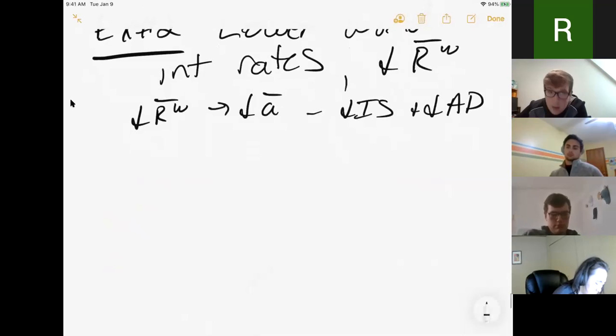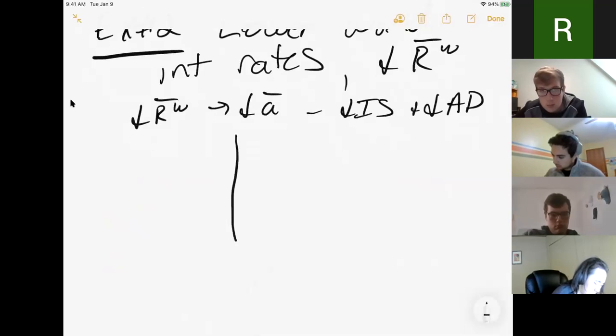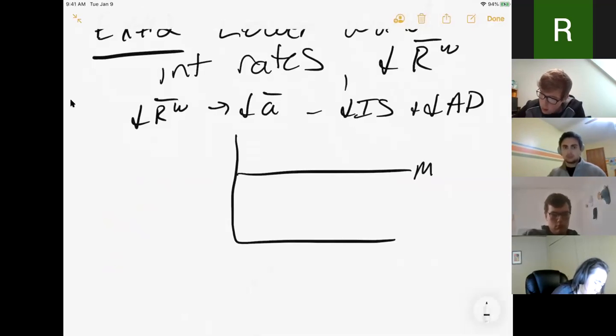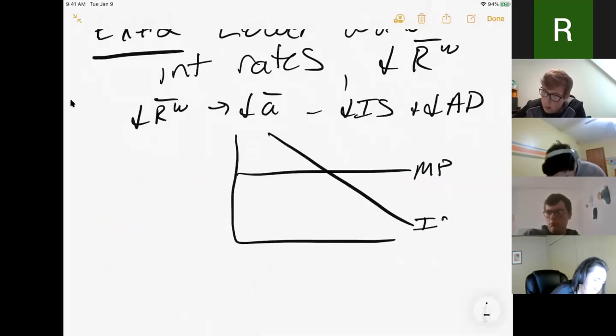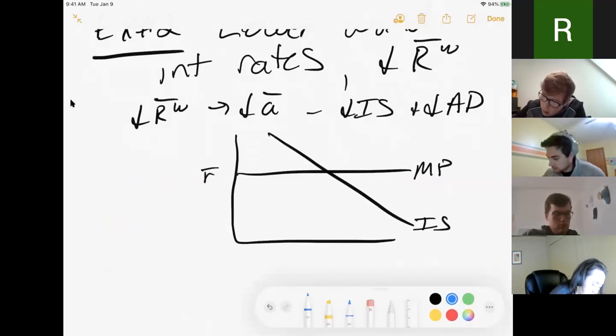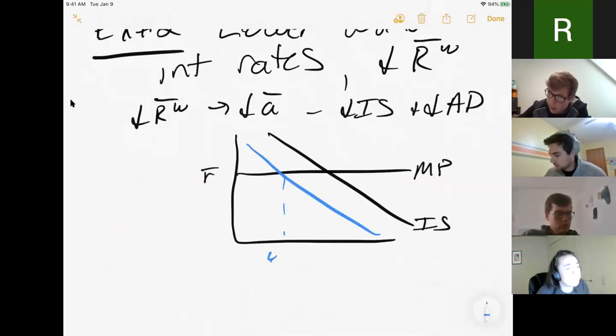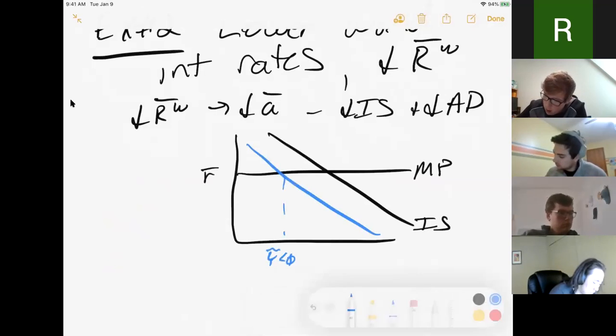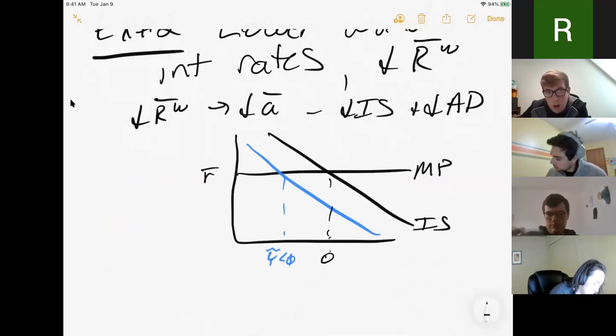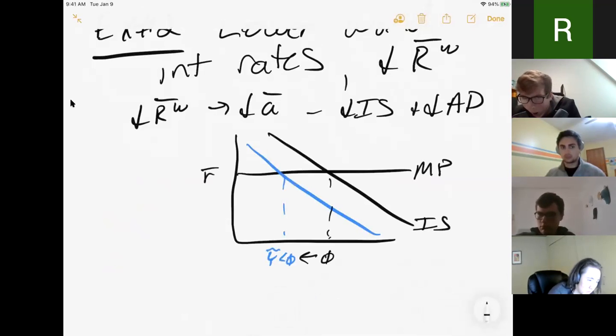Aggregate demand goes down, our IS curve goes down. So this is a very typical aggregate demand shock, an IS shock. The IS curve falls.